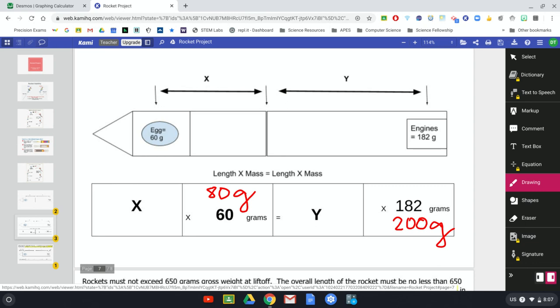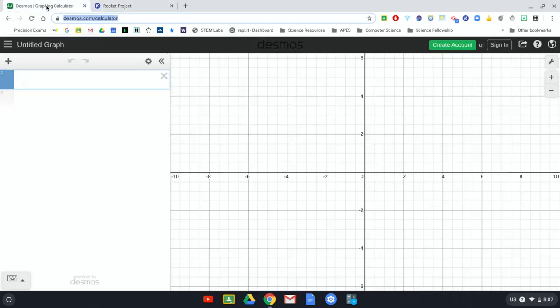So we're going to use a graphing calculator called Desmos, and I did include the link to Desmos in the links for this assignment. And essentially what we're going to do is put both of those equations into this graphing calculator, and that's going to give us our options for X and Y.